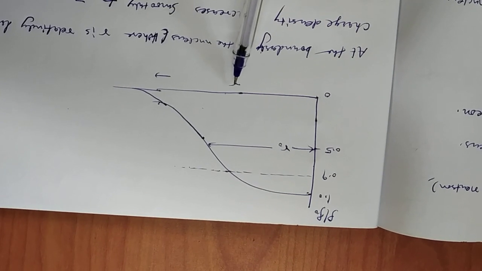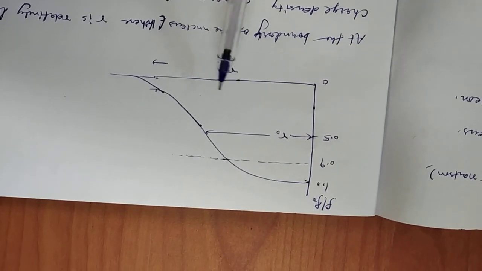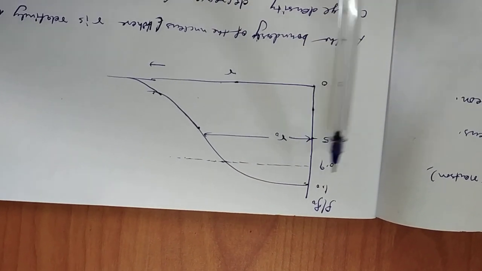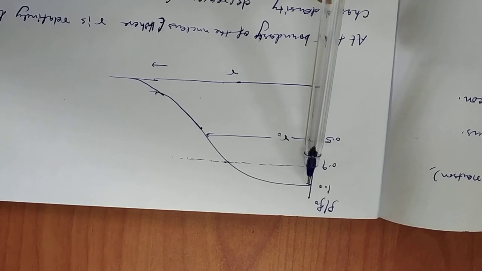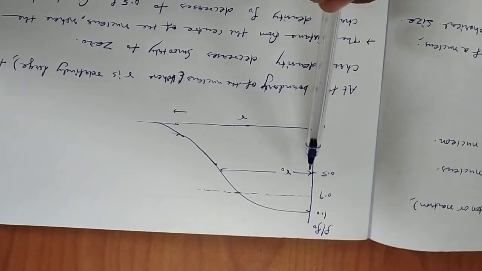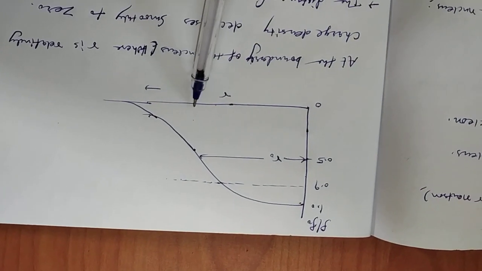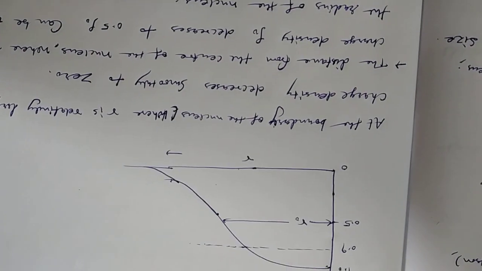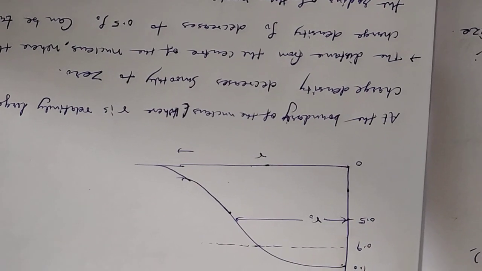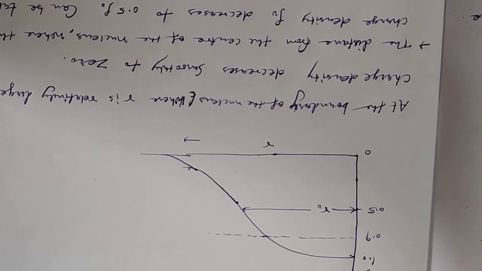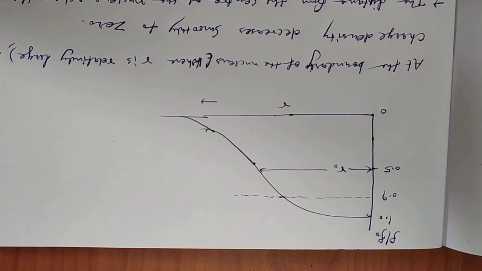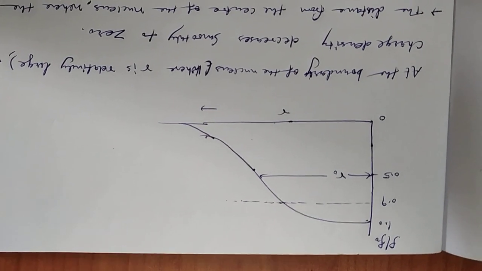The distance at which the charge density decreases to 0.5 rho0 can be taken as the radius of the nucleus. In simple words, the radius of the nucleus is the distance from the center at which the charge density becomes half of its value at the center.